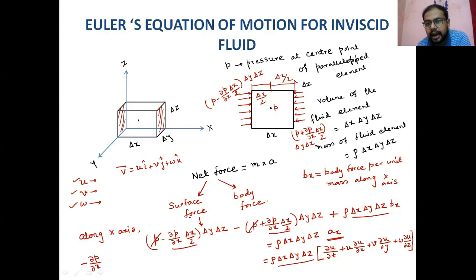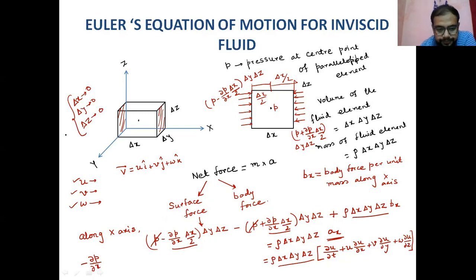And for the higher order terms, we can say if we shrink this fluid element to 0, that means del x tends to 0, del y tends to 0, del z tends to 0, all higher order terms will also be eliminated. Because this kind of force is acting over a very small element as we are taking a differential equation. The differential equation is applicable for a very small element.